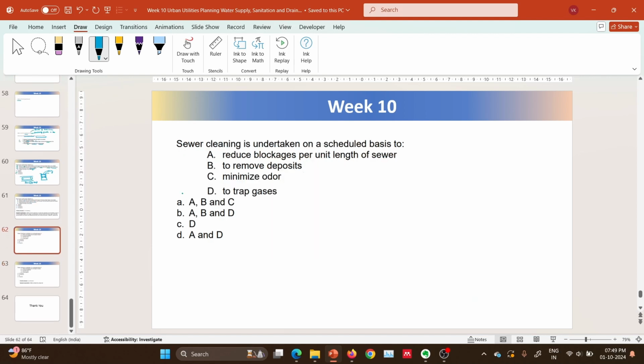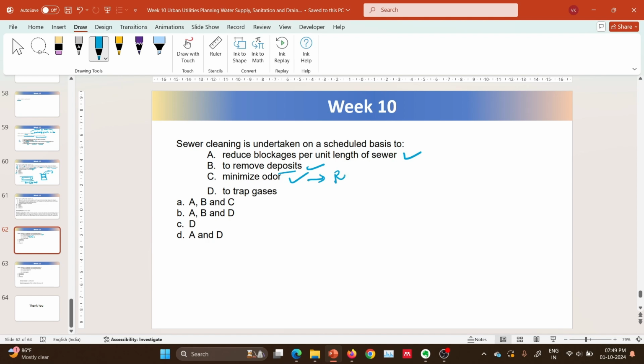Sewer cleaning is undertaken on a scheduled basis to reduce blockages per unit length of sewer. Correct. To remove deposits. Correct. Sewer cleaning is done to minimize odors. Yes, we discussed that.